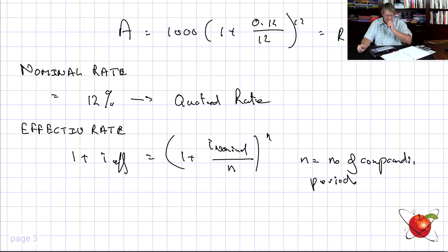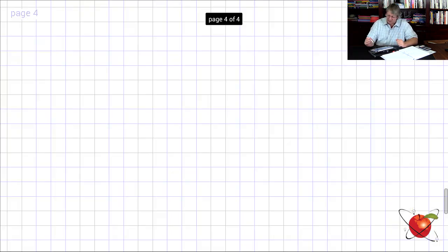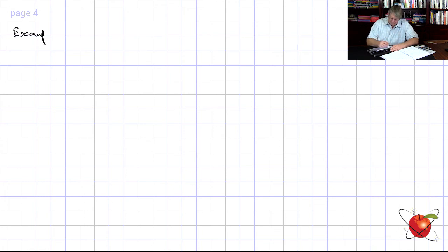Essentially, let's take an example. Example number 1. An interest rate is quoted at 8% per annum and compounded quarterly.